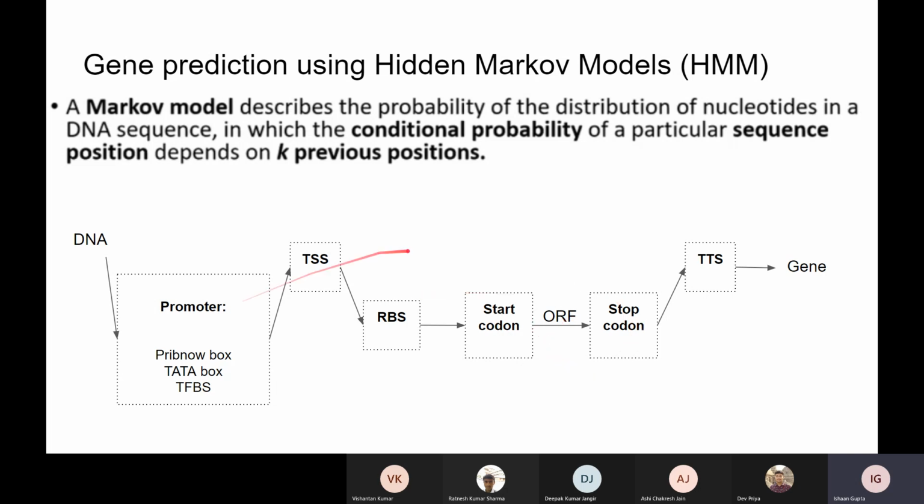So all these things can be modeled in a single group of algorithms or even tools that are based on Markov modeling. Markov modeling essentially says that the probability of seeing a specific DNA sequence depends on the probability of having seen k previous DNA sequence strings. And I'll show you how this works.